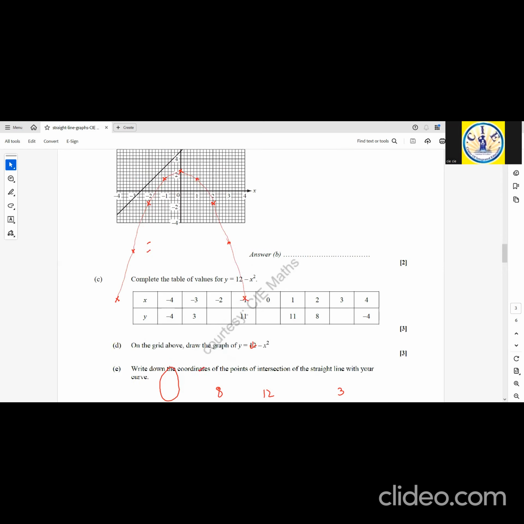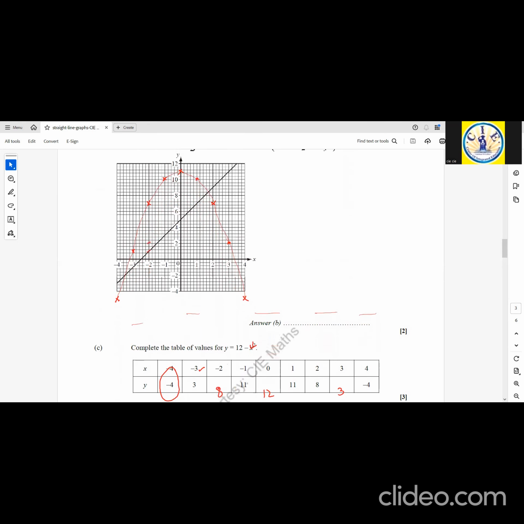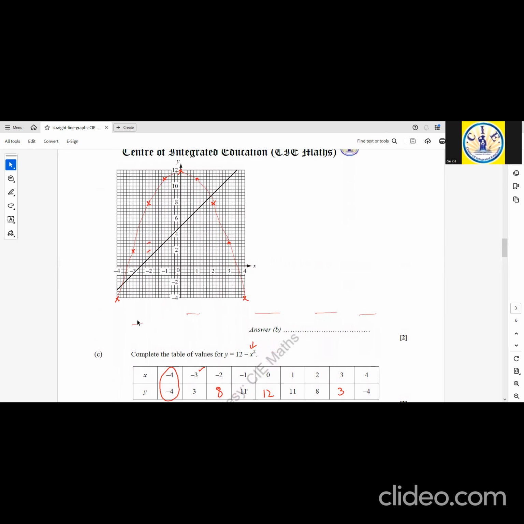Then part E, write down the coordinates of the points of the intersection of the straight line with curve. Okay. I need to clarify a concept here. For coordinates, we need to see that this is the point where the graphs are intersecting, and then this is the point.